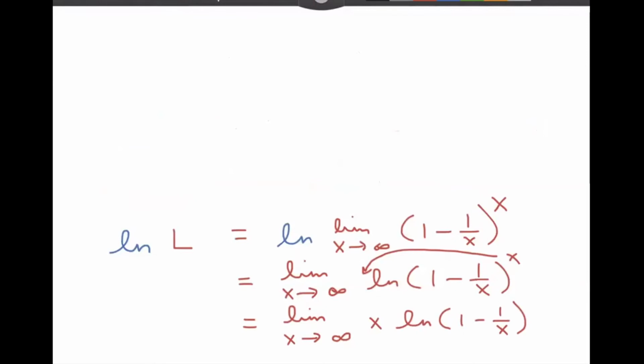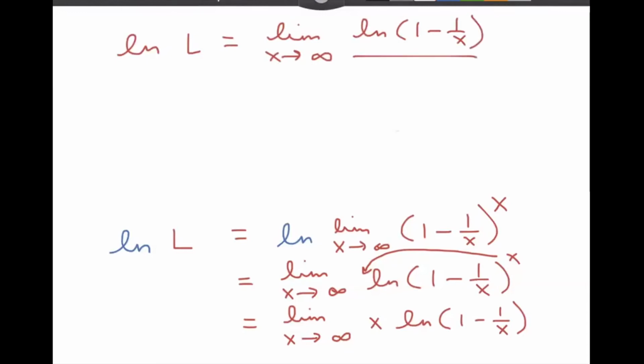All right, so the last thing I'm going to do with that, and let me remind myself that this is natural log of L, is equal to the limit as x approaches infinity, natural log 1 minus 1 over x over 1 over x.